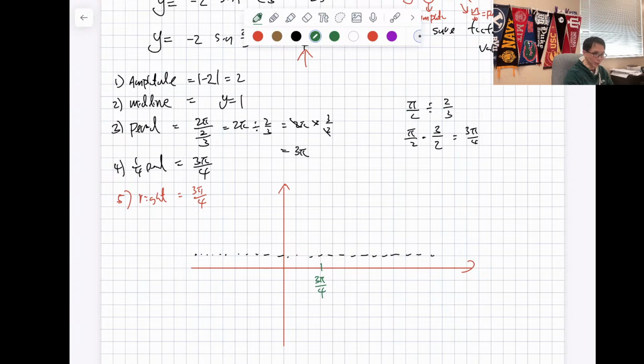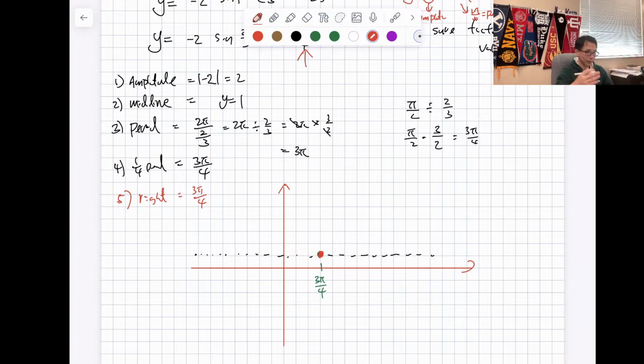This is a sine graph, so start at the midline. So I'm going to start right here, because they shift right and the midline's up there, so it's going to go right 3 pi over 4 and go up.